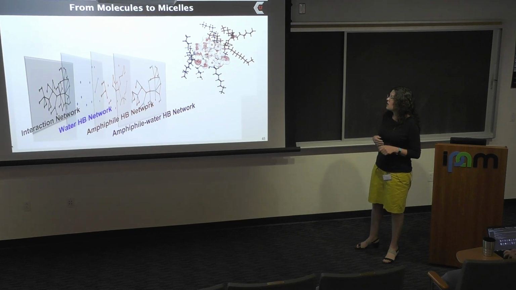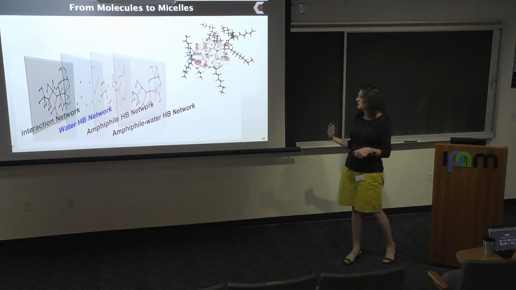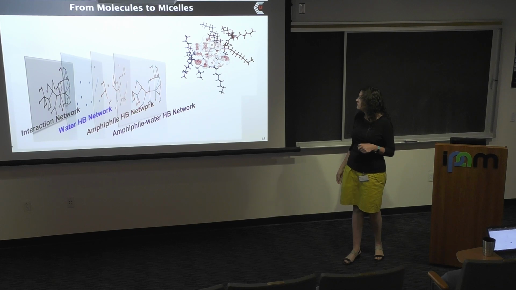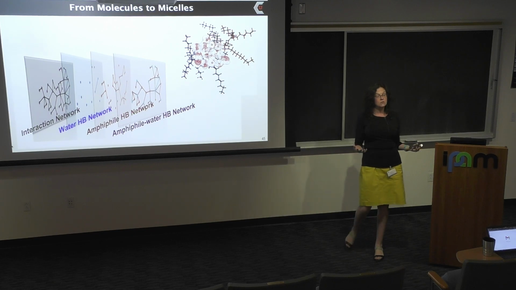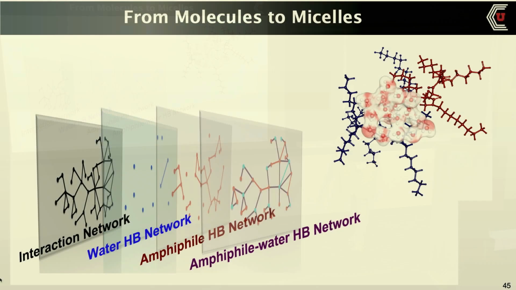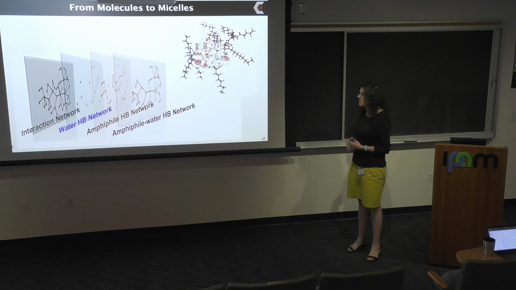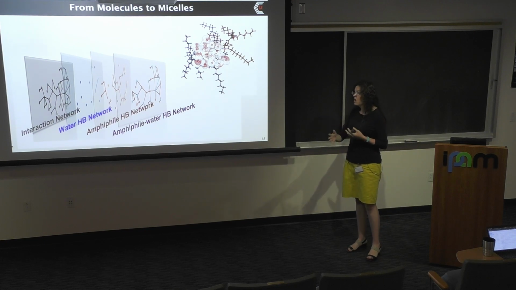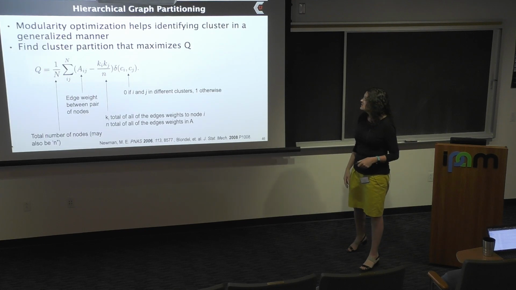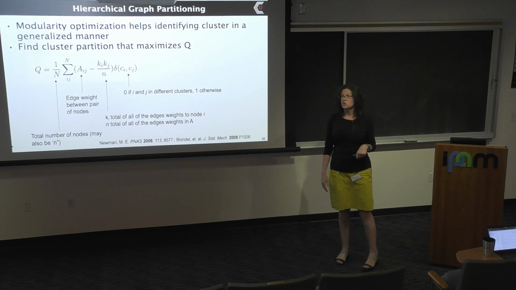So from molecules to micelles, we can create these interaction networks that capture all of the intermolecular interactions in these soft matter systems: the hydrogen bond interactions, the amphiphile interactions, the amphiphile-water interactions. If we have ions in there, then they can have the ion interactions. And this is a representative reverse micellar structure that you can very easily identify from these networks using something like modularity optimization.